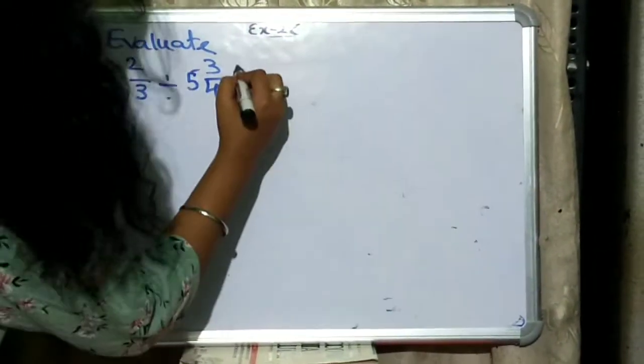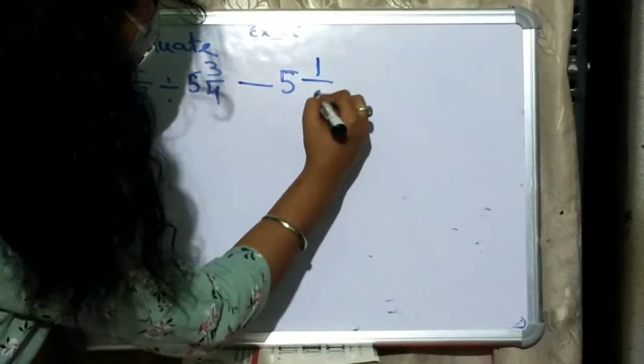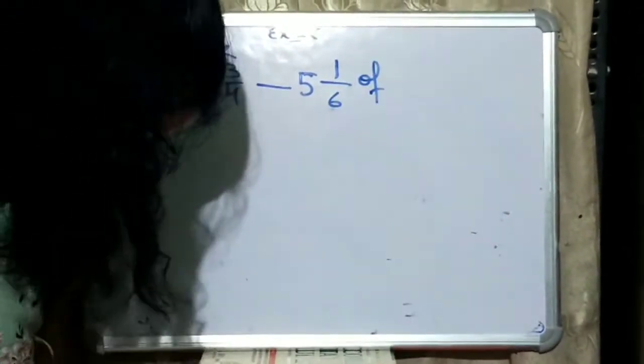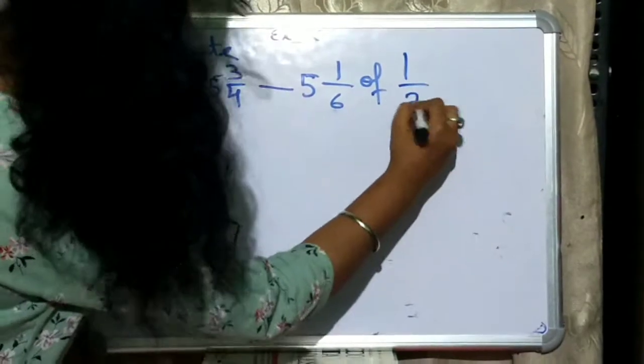Now question number 15, evaluate. 1 is given how much? 4 2 by 3 divided by 5 3 by 4 minus 5 1 by 6 of 1 by 7.